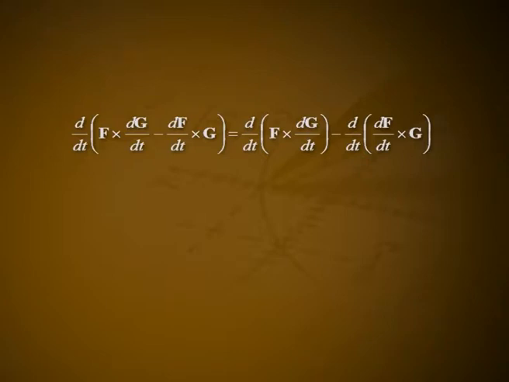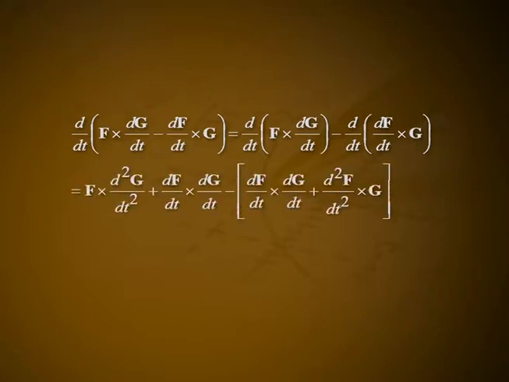Solution, d by dt of f cross dg by dt minus df by dt cross g is equal to d by dt of f cross dg by dt minus d by dt of df by dt cross g is equal to f cross d square g by dt square plus df by dt cross dg by dt minus df by dt cross dg by dt plus d square f by dt square cross g is equal to f cross d square g by dt square minus d square f by dt square cross g.